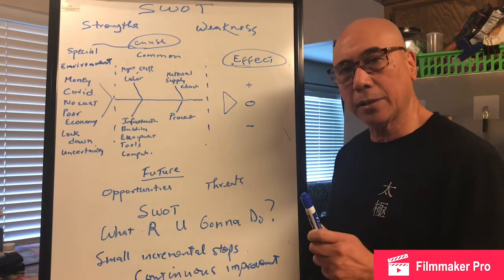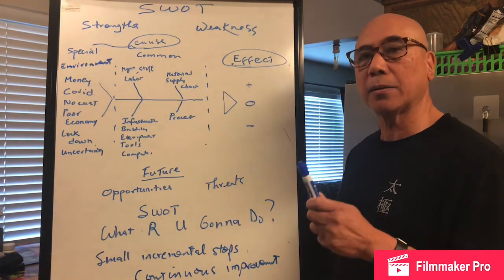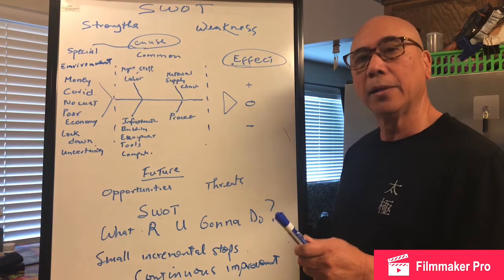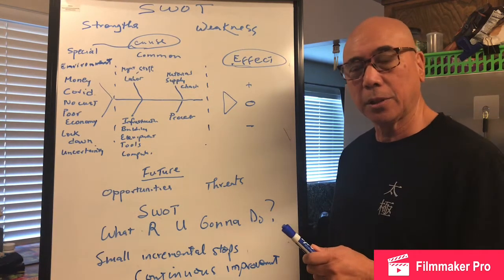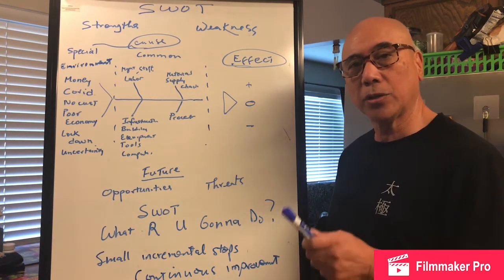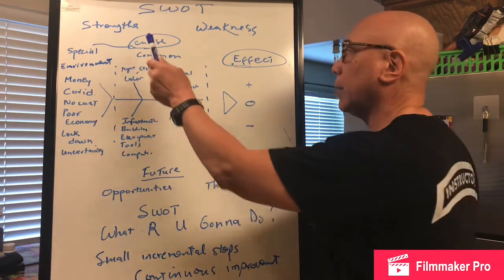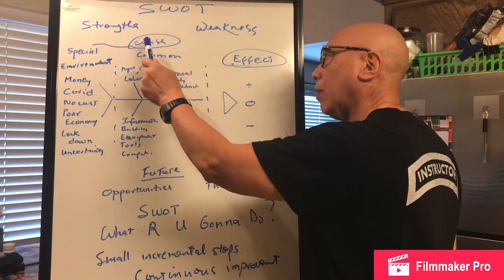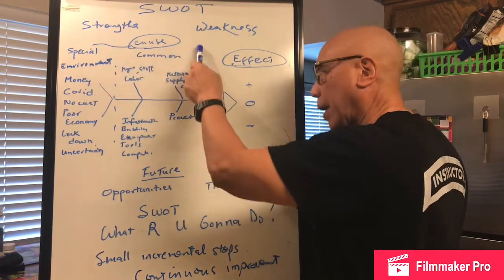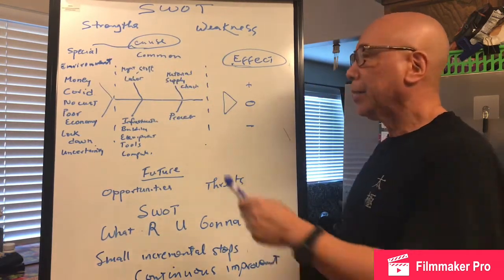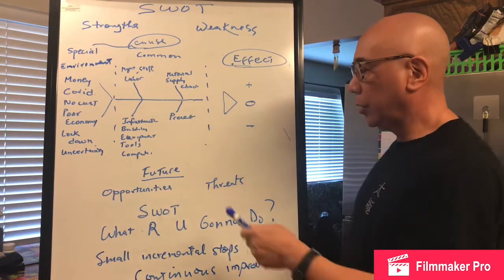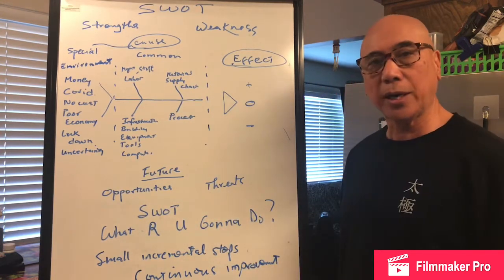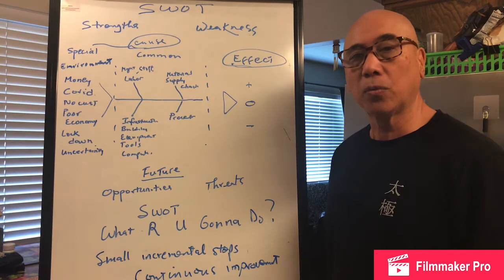The key here is to take that one small step that makes you better in who you are and what you do, and to stay positive, because the cause and effect that you wish to desire is based upon how well you use your strengths and know your weaknesses, and to take advantage of the opportunities and to be aware of the threats that can get in your way.